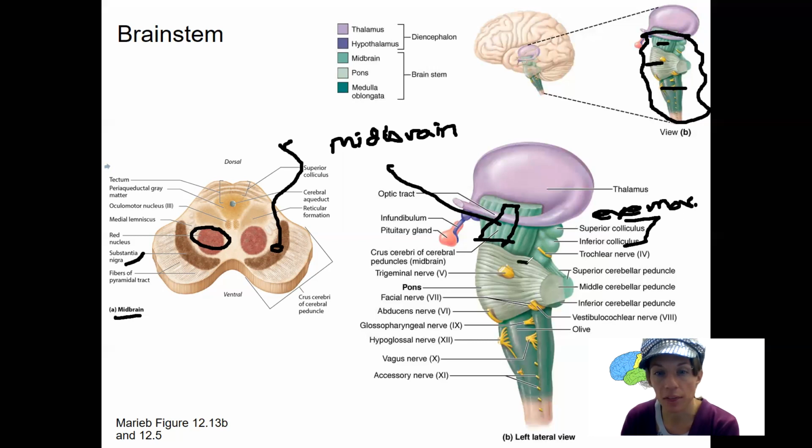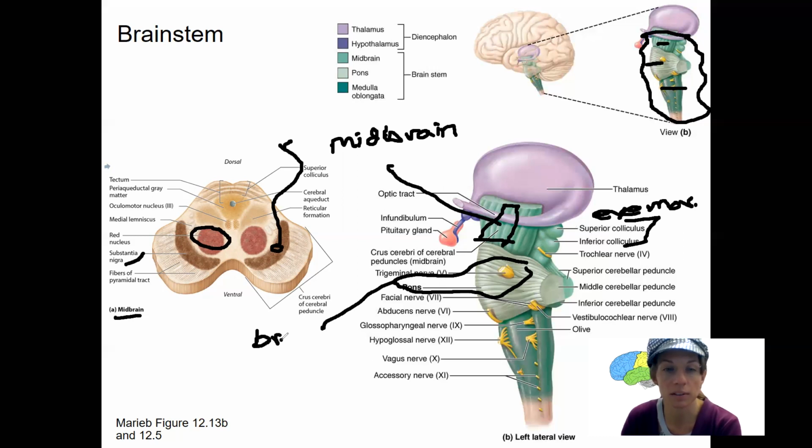Okay, moving down, we've got the pons. That is like a big pond-shaped thing from the frontal view. The pons is involved in breathing control, as well as it's a relay station.